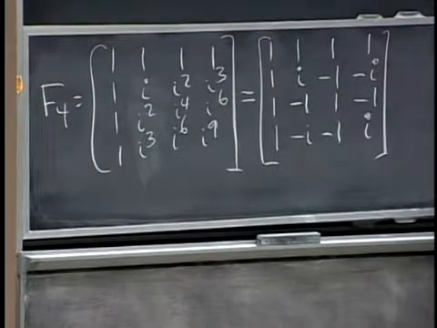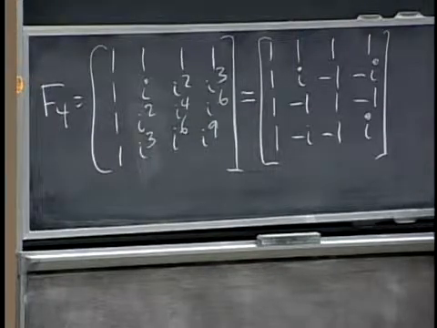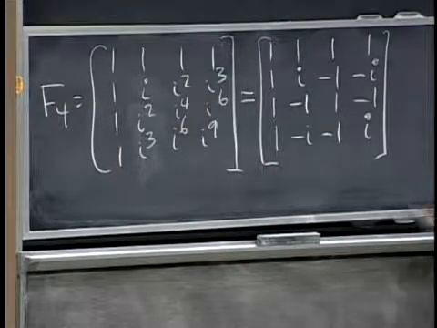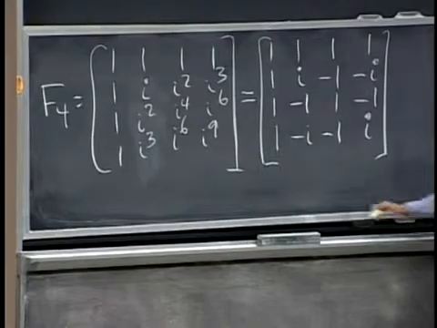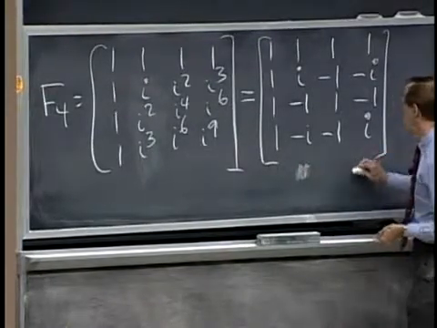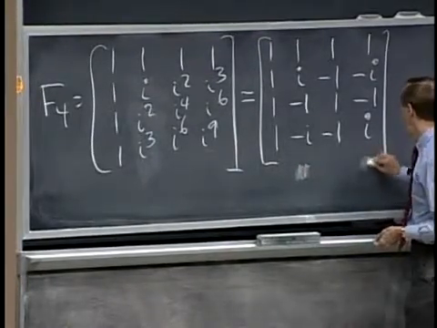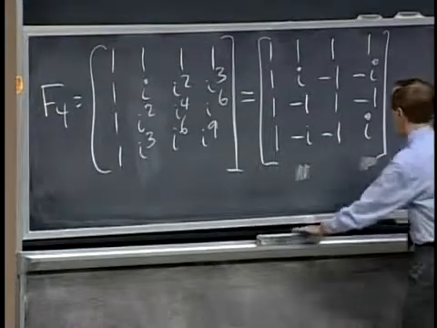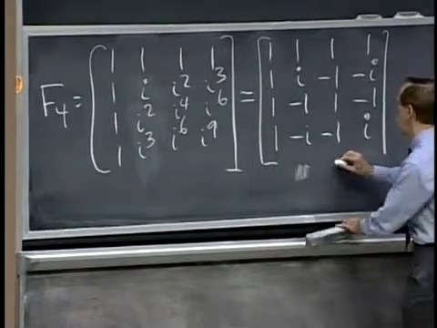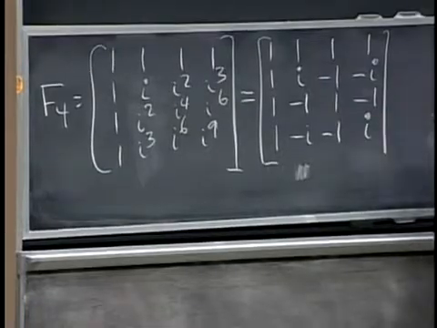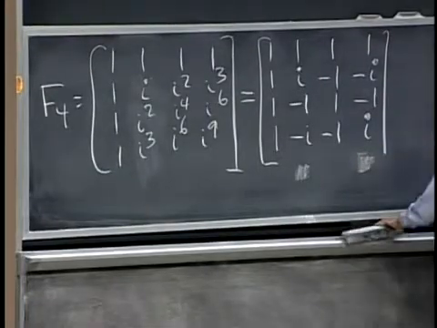How about the inner product of 2 and 4? Can I take the inner product of column 2 with column 4? Or even the inner product of 2 with 3. Let me do 2 and 4.